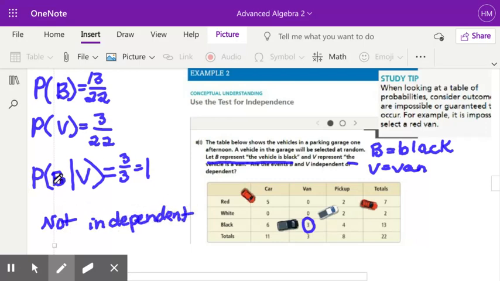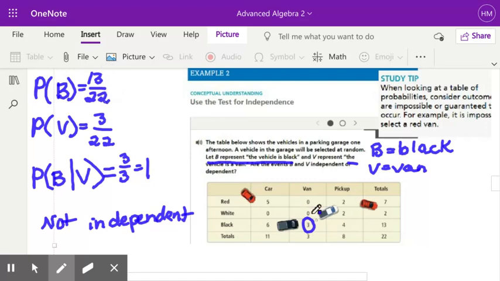Now, if the probability of black given a van would have been the same proportion, saying that it could be a van, it could be a car, it could be a pickup, no matter what, there's an equal proportion of black vehicles being represented. Like this proportion right here: there are 13 out of 22 vehicles that are black.